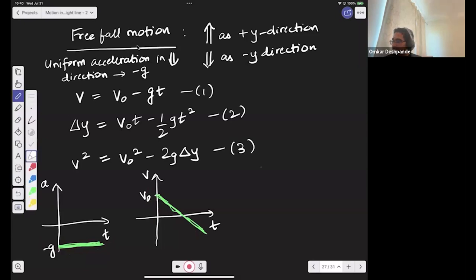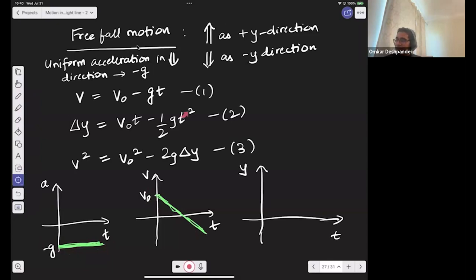And if we were to plot the position versus time graph, y versus t, because now the coefficient of t squared is negative, this is going to be a parabola that opens downward instead of upward. So let's say my initial position is 0. So in that case, my delta y would be the same as y because the initial y position is 0.